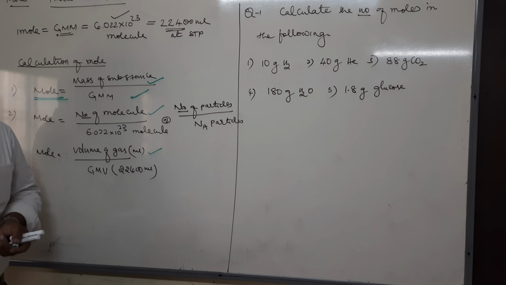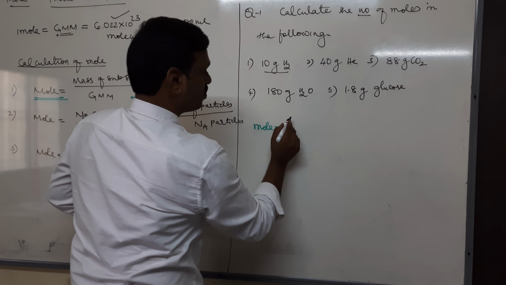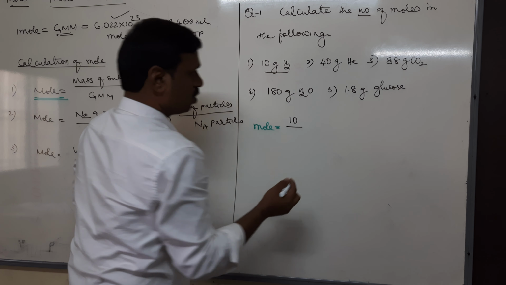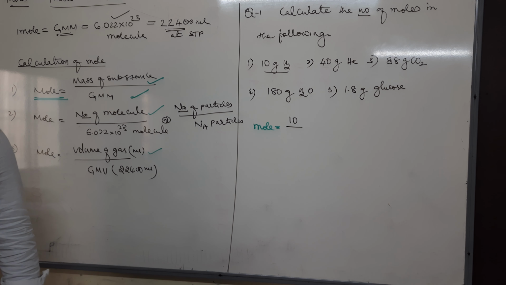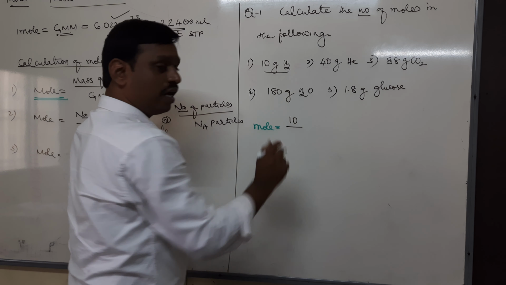Since mass is given, mole is equal to the mass of the substance divided by gram molecular mass. What is the mass given? 10 gram of hydrogen. What is the molecular mass of hydrogen? One hydrogen is 1, atomic mass 1, molecular mass is 2. Therefore, 10 by 2, that is 5.